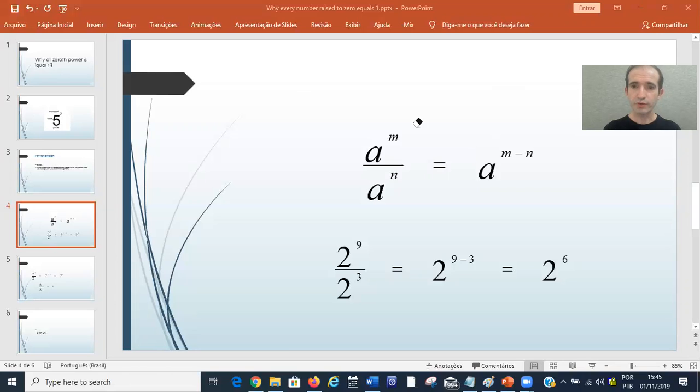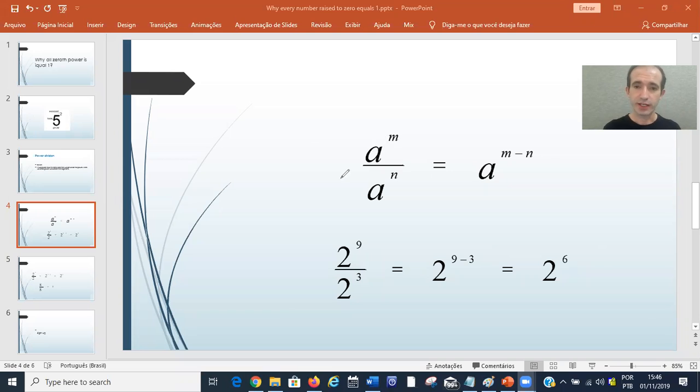Let's see our example, our generic example, right? Sorry, just a second. Now you can see our generic example.